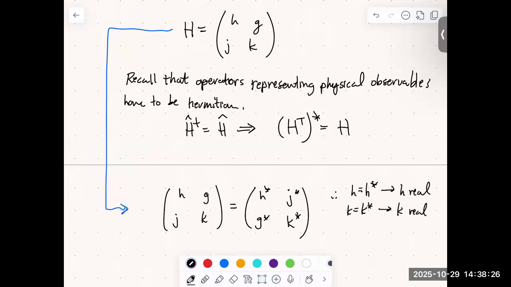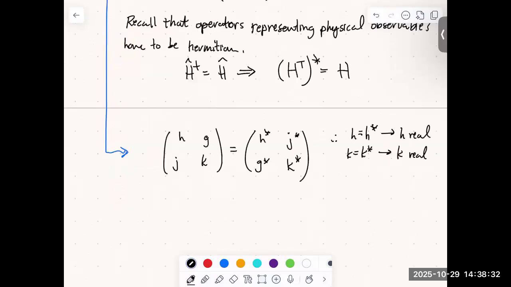All right. Well, the other restriction we see here is that J is equal to G conjugate and G is equal to J conjugate. So that gives the same bit of information. J and G are the complex conjugates of one another.